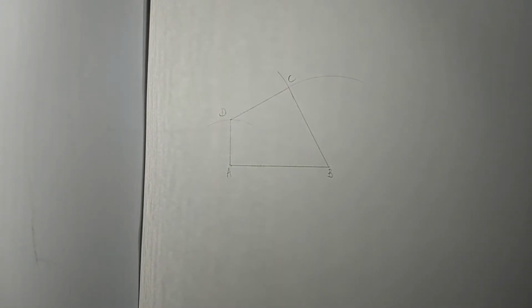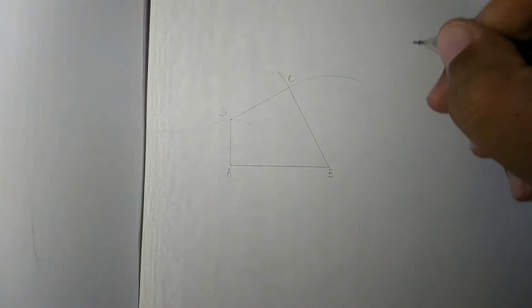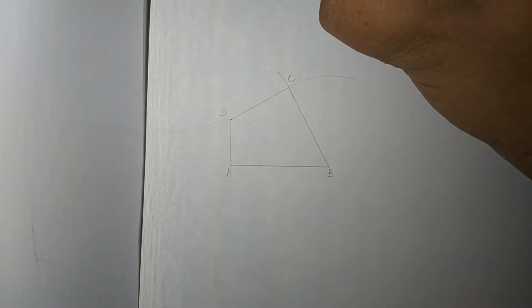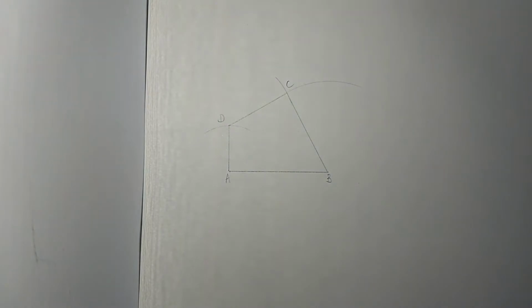So now we have to do the enlargement and we're reusing the same shape again. The only thing that is going to change is the ratio. The ratio that we're going to use is 8 to 5. So keep that in mind. The steps for the enlargement are going to be the same as the reduction.